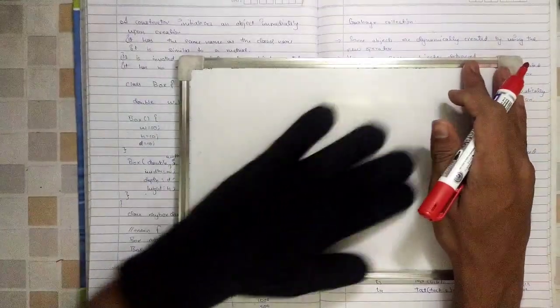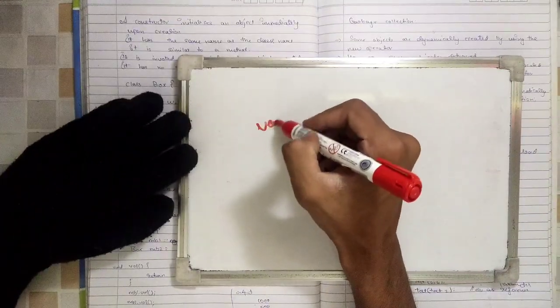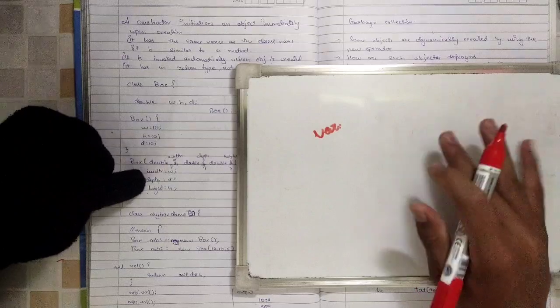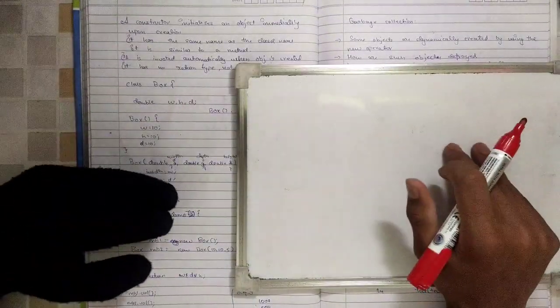So inside the same class it points to the object. It says these member variables we have, like width, depth, height, belong to this object. Understood, right? Suppose this is a box.